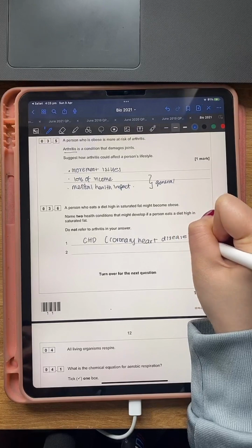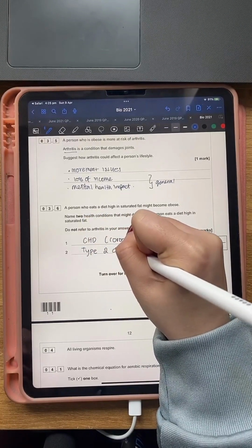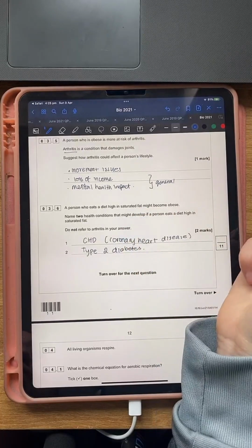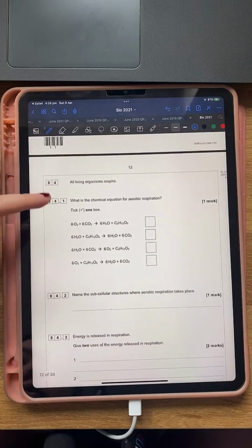You can say any one of those: coronary heart disease, heart attacks, stroke, type 2 diabetes, cancer is possible as well. Hypertension, that's possible as well. Very good. Yeah, this test is pretty easy. This one's from 2021 as well, so it was recent.